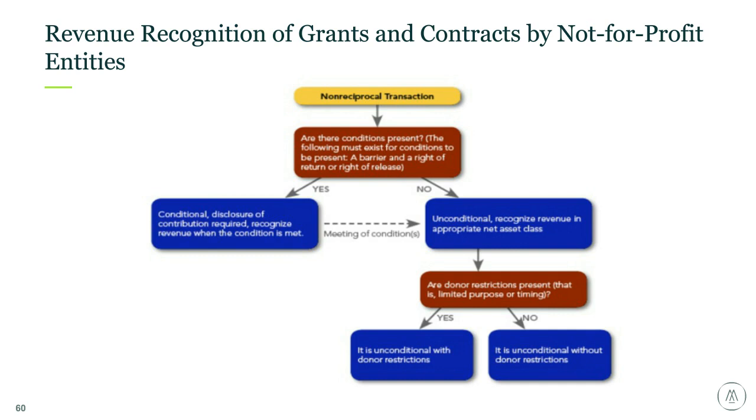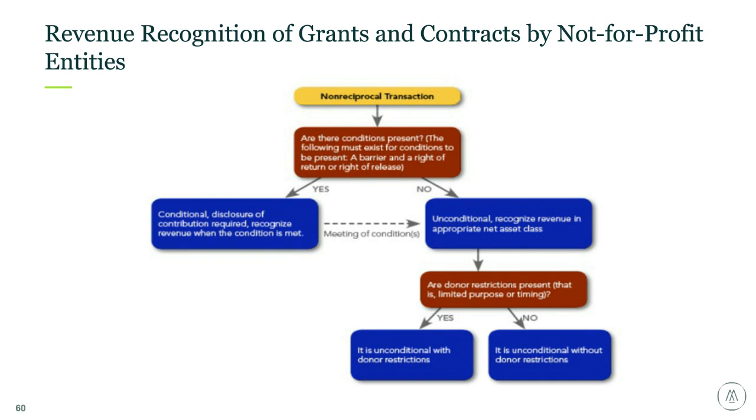So you need to look at that agreement to make that determination. The presence of both a barrier and a right of return or release indicates that the recipient not-for-profit is not entitled to the transferred assets until it has overcome those barriers in the agreement. Prior to overcoming those barriers, the contribution would be considered conditional and would not be recorded as revenue yet.